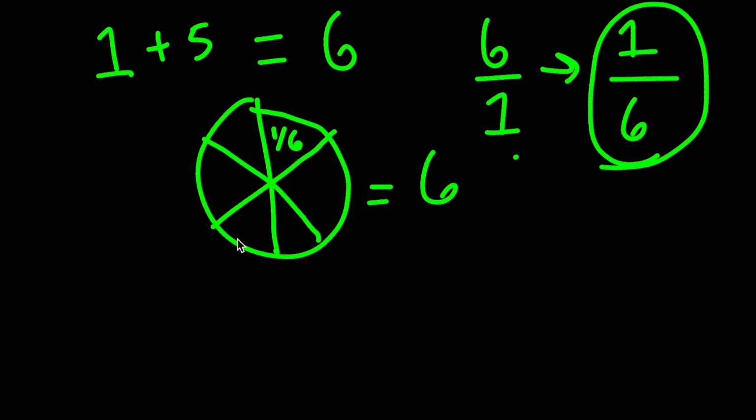So that's how you can utilize this. So all these slices are 1/6. And if you multiply these two numbers, well, 6/1 times 1/6, it will equal 1.